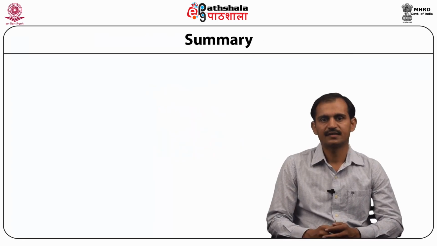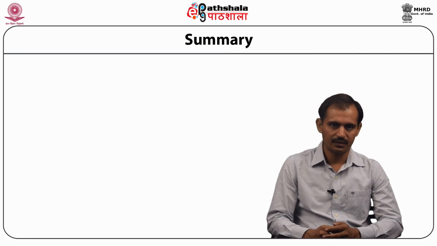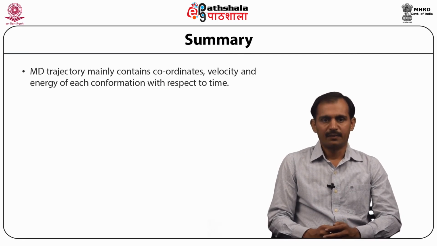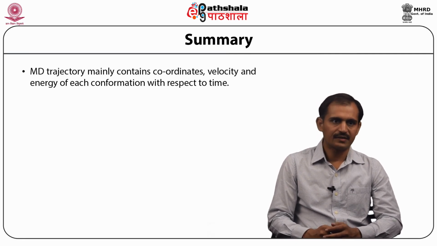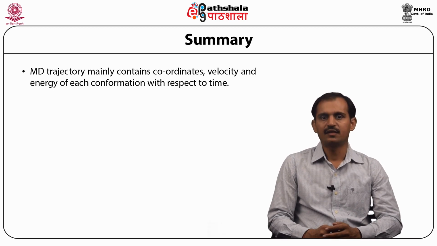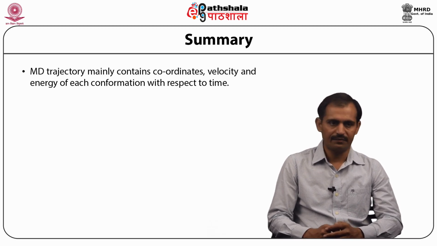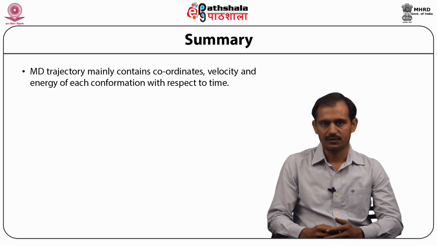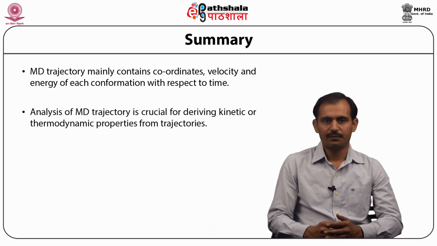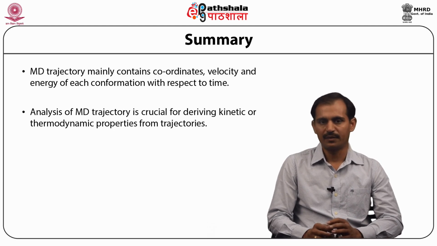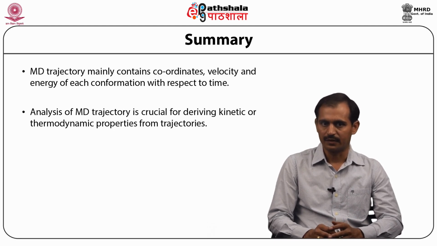So students, let's now summarize what we have learned in this module. The MD trajectory mainly contains coordinates, velocity and energy of each conformation which has been saved during the MD simulation process. Analysis of MD trajectory is crucial for deriving the kinetic and thermodynamic behavior of the molecules which are being simulated.